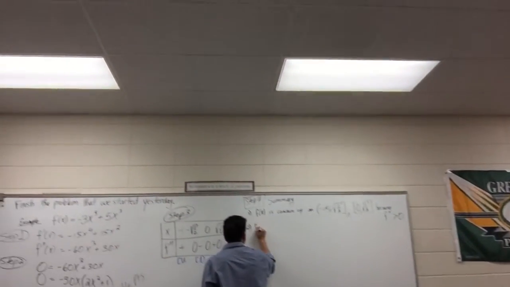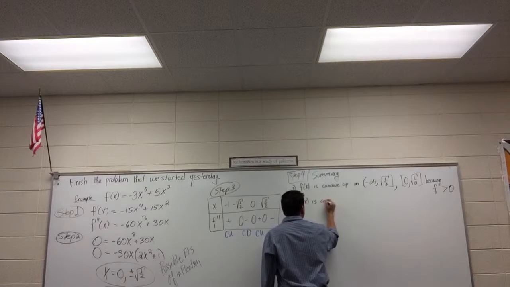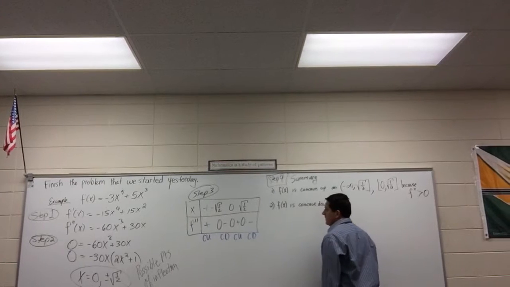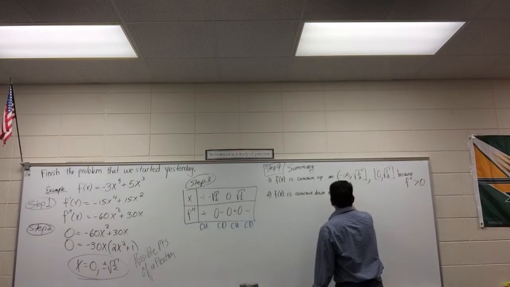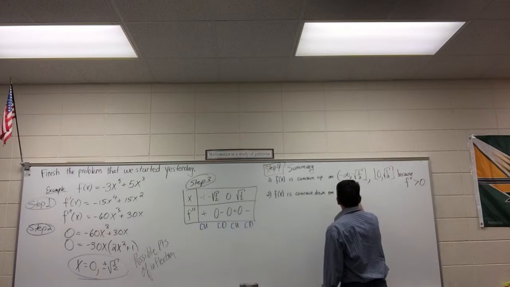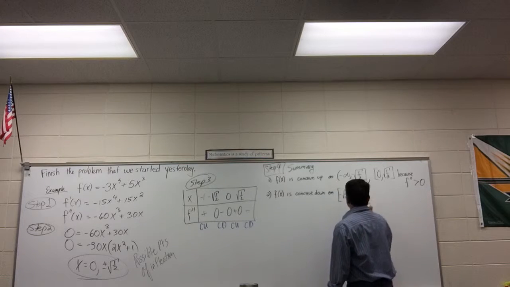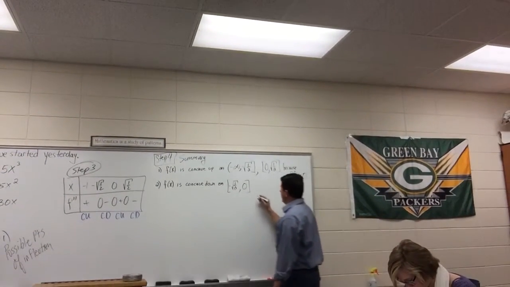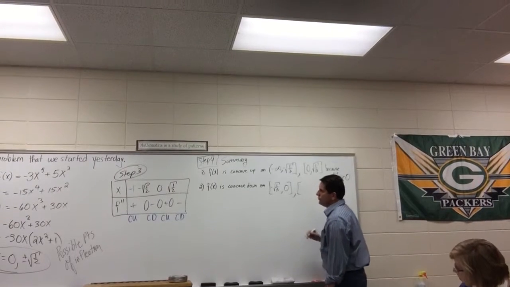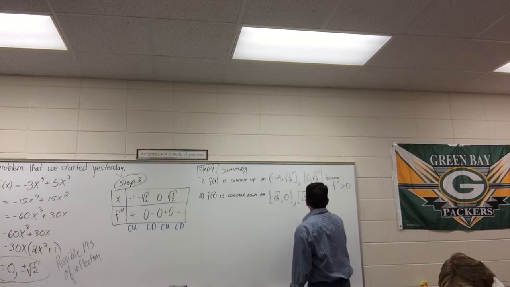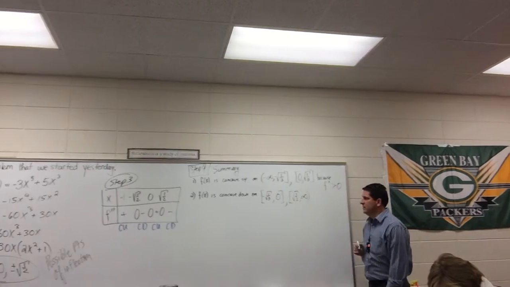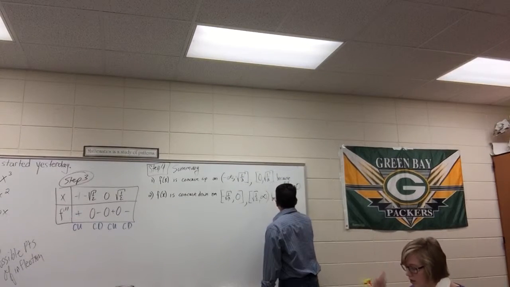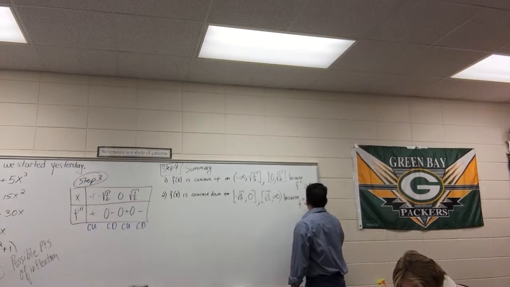Secondly, f of x is concave down on, and now we need those two intervals. So it's going to be a bracket, negative square root of 1/2, comma 0, bracket, and positive square root of 1/2 up to infinity, because f double prime is less than 0.